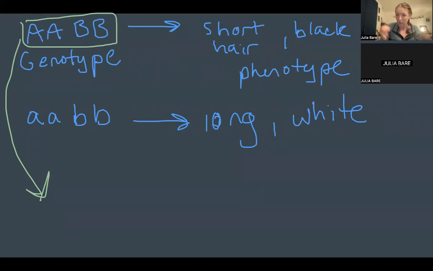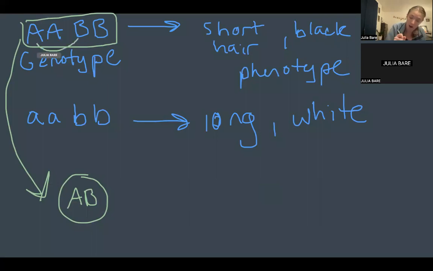Because of all of this recombination and genetic diversity, the possible gametes that this individual can produce are only going to be big A, big B. Those are the only possible gametes it can produce. This A will either be in the same gamete as this big B or this big B. So those are the only options.